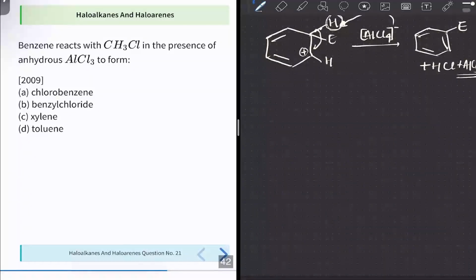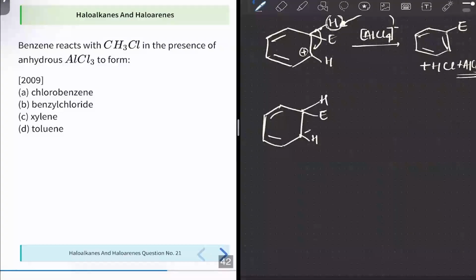For the nitrating mixture, the electrophile will be NO2 plus.